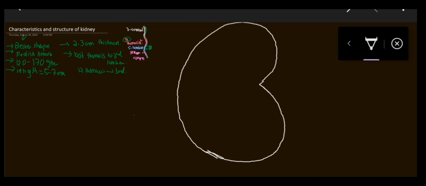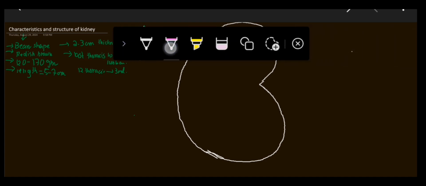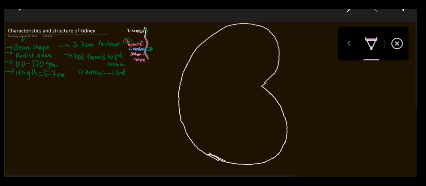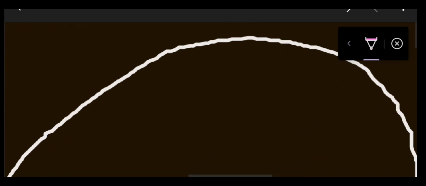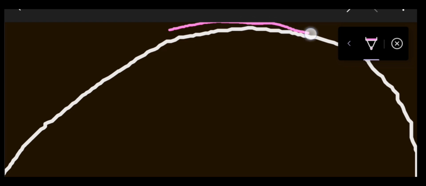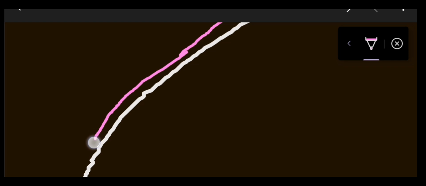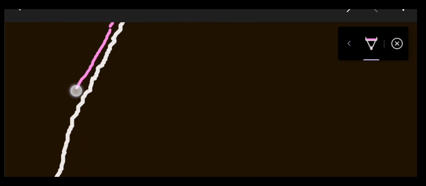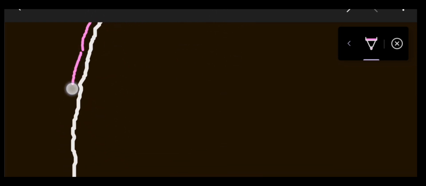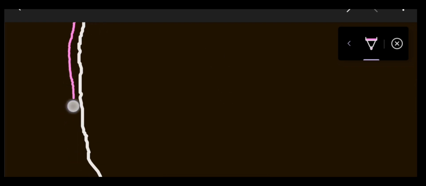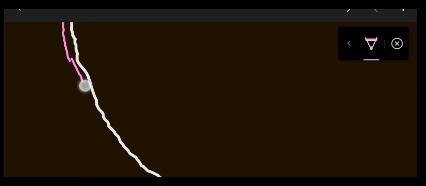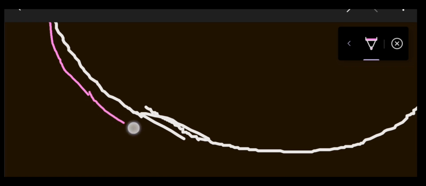First of all, the kidney is covered by a layer, and this covering is known as the renal capsule. Kidney is covered by the renal capsule. So here I can make a covering. This kidney is covered by the renal capsule.